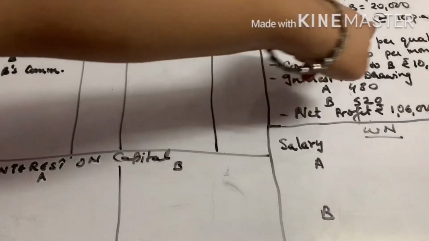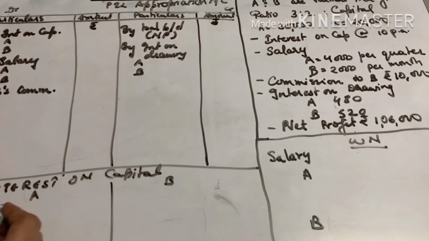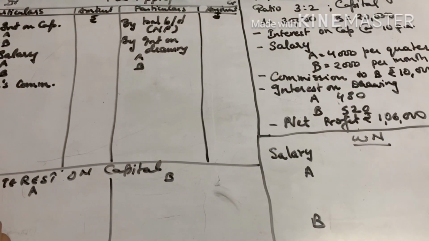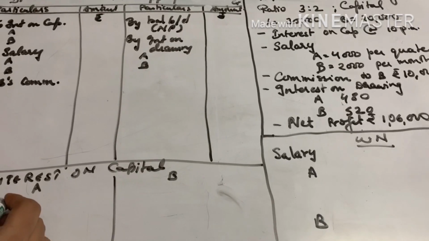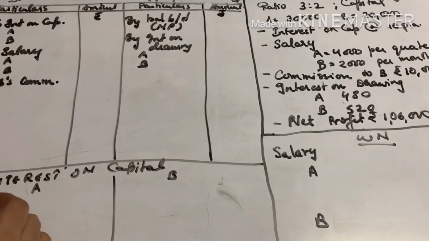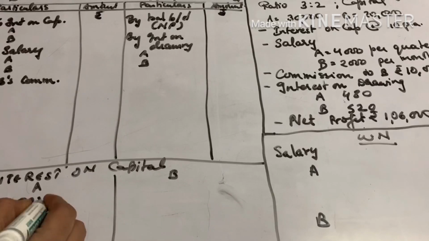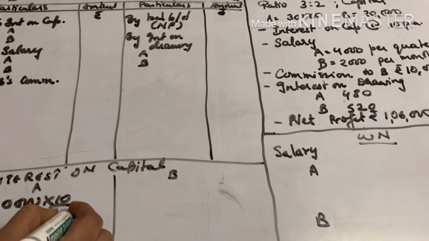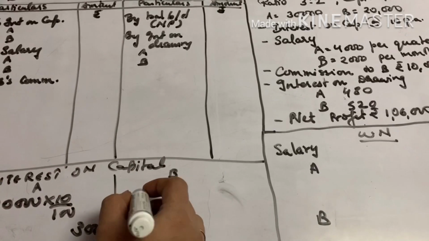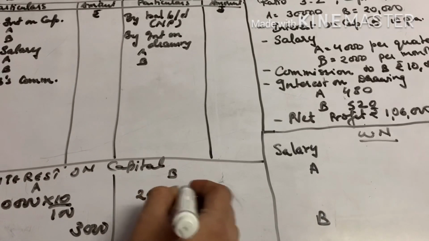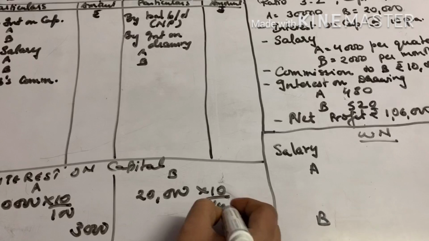What is the interest on capital rate? It is 10%. If we calculate for A, what is A's capital? 30,000 into 10 by 100. That means it is 3,000 for A, and for B it is 10% of 20,000.